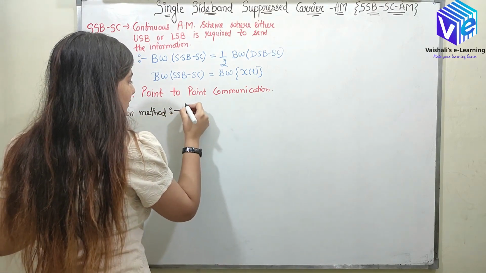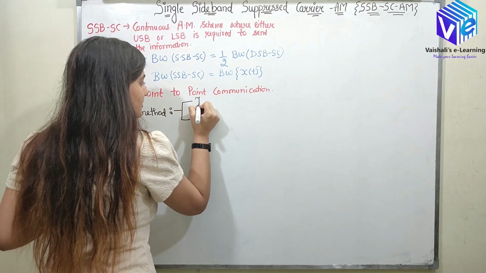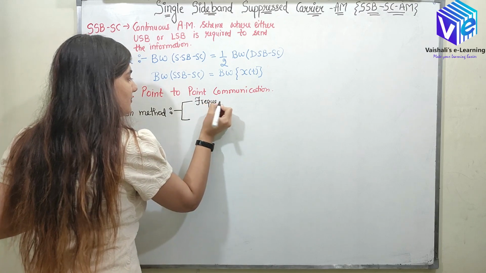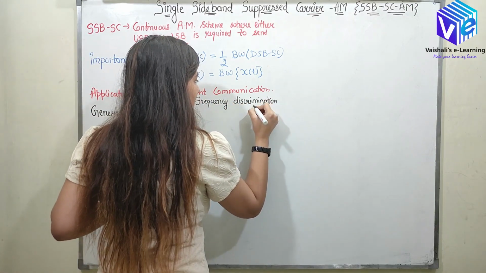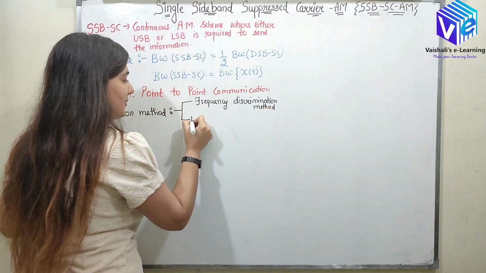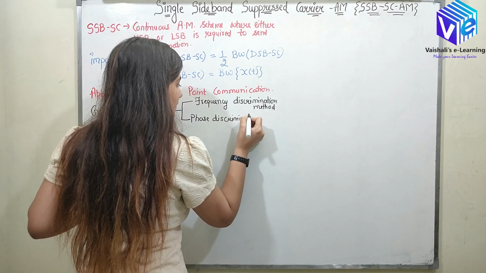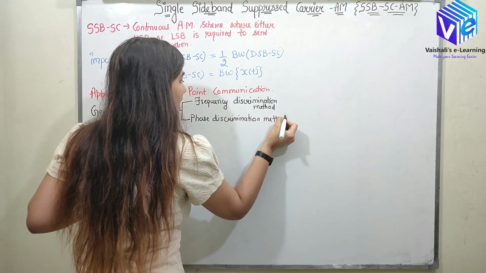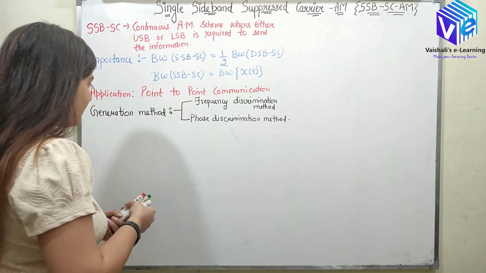So now talking about the generation method, I have two types of generation method, which is frequency discrimination method and the second method is phase discrimination method. I hope you remember how I generated the double sideband suppressed carrier.